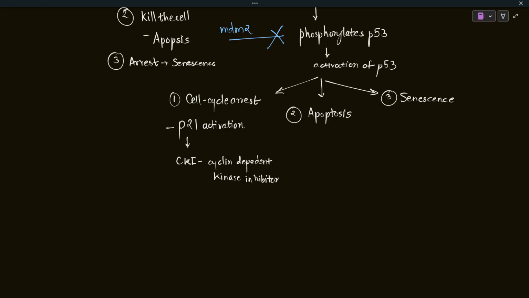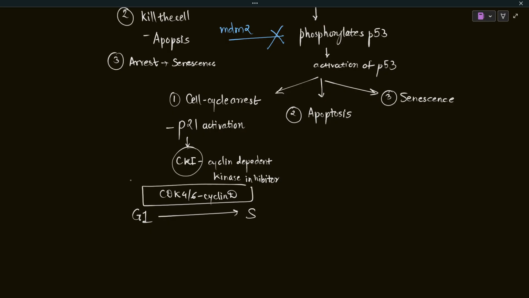So this inhibits the cyclin dependent kinase, the CDK4/6. So the CDK4/6 is inhibited, so they cannot form the CDK4/6 cyclin D complex, which is very crucial for the cell cycle progression from G1 phase to S phase. So due to the inhibition of this CDK by the p21, this is how the cell will be arrested in the G1 phase.